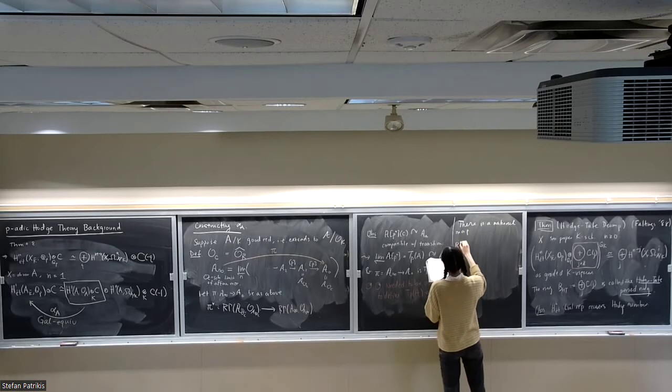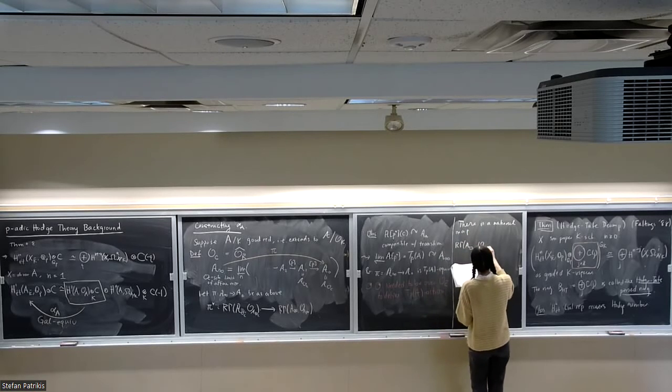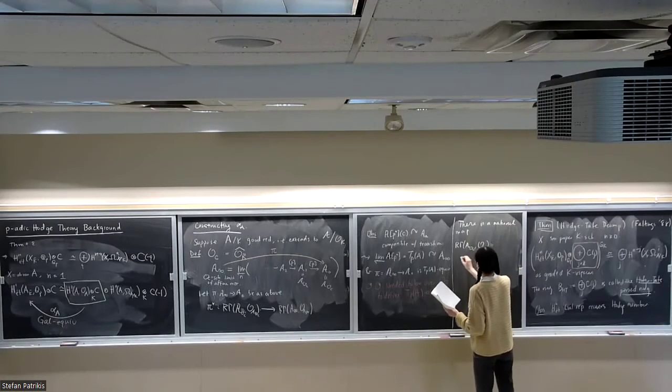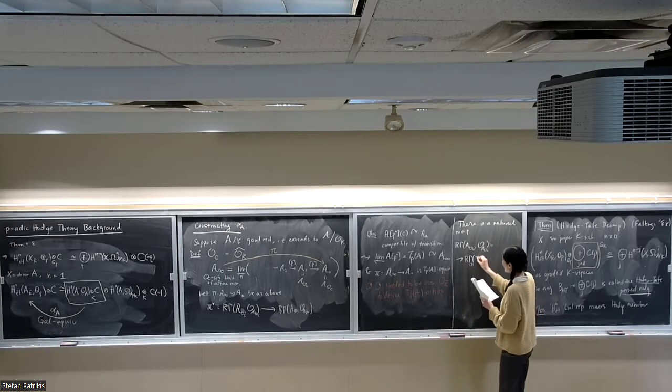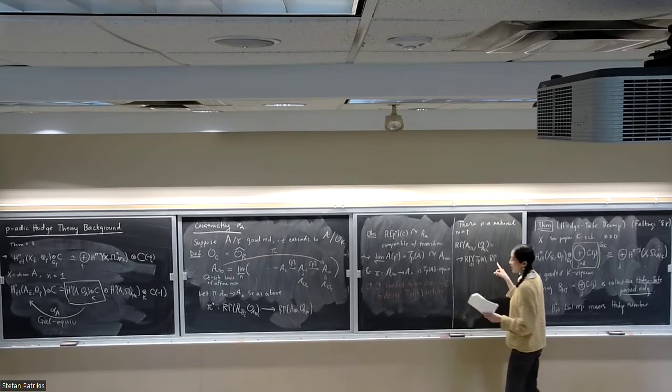going from R gamma A OC to R gamma of a continuous group cohomology of TP of A acting on the sheaf cohomology, A infinity, O A infinity.